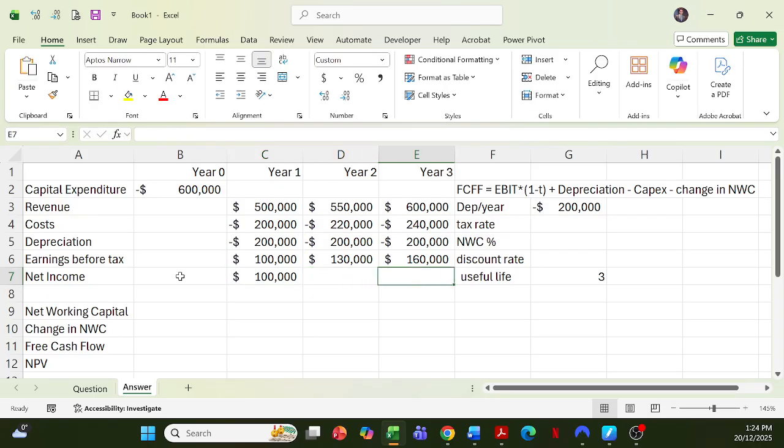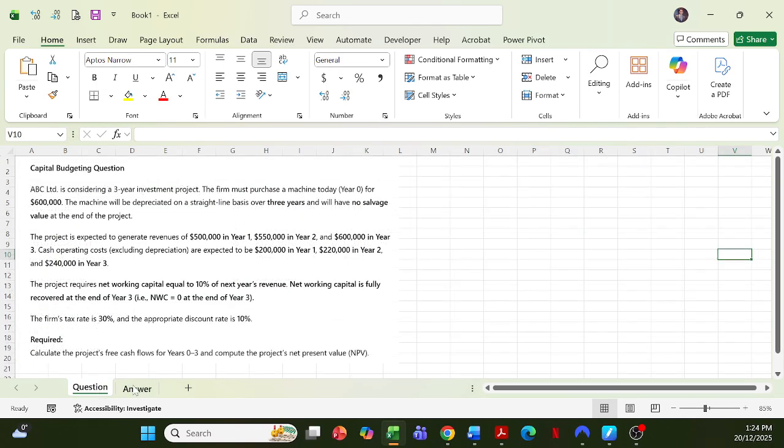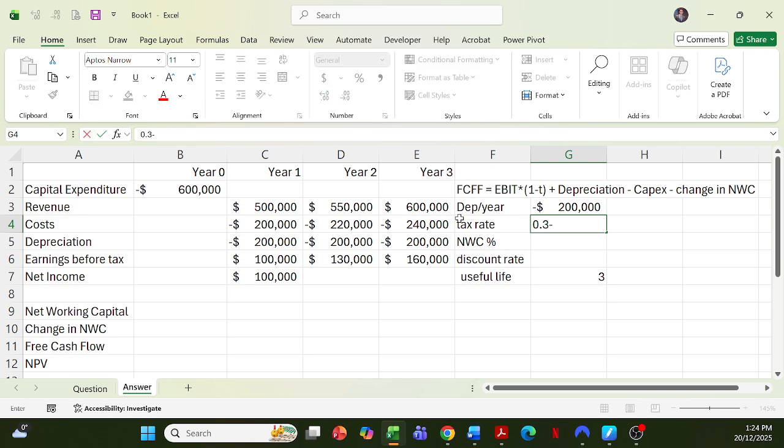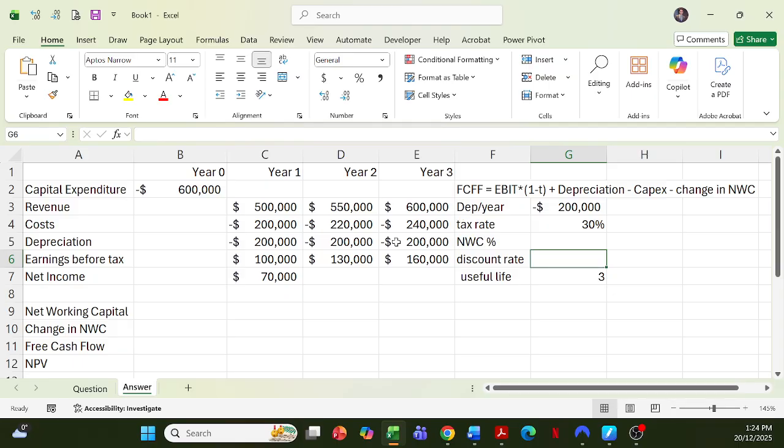The tax rate that's given in the question is 30%. Net working capital, okay, the discount rate, we're going to fill that out later, but the tax rate is 30%. So on 100K, we're going to pay $30,000 taxes, which means we would have $70,000 worth of income.